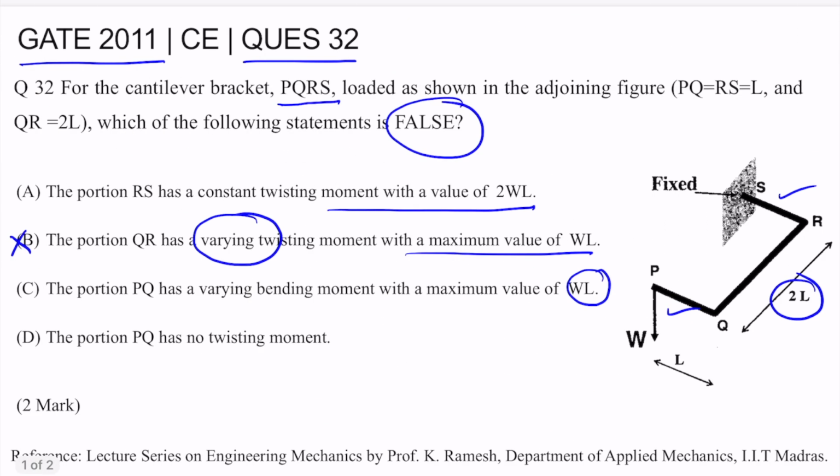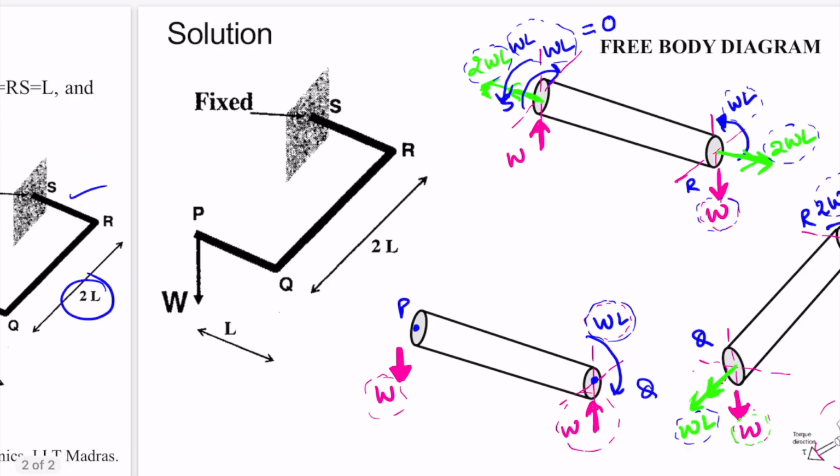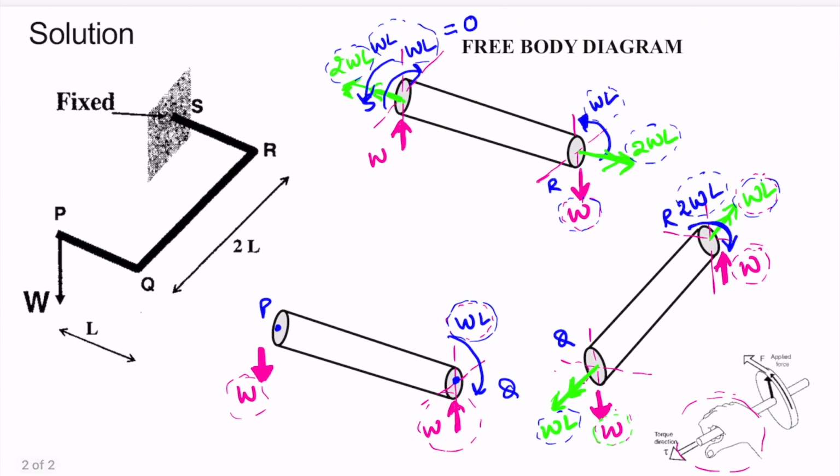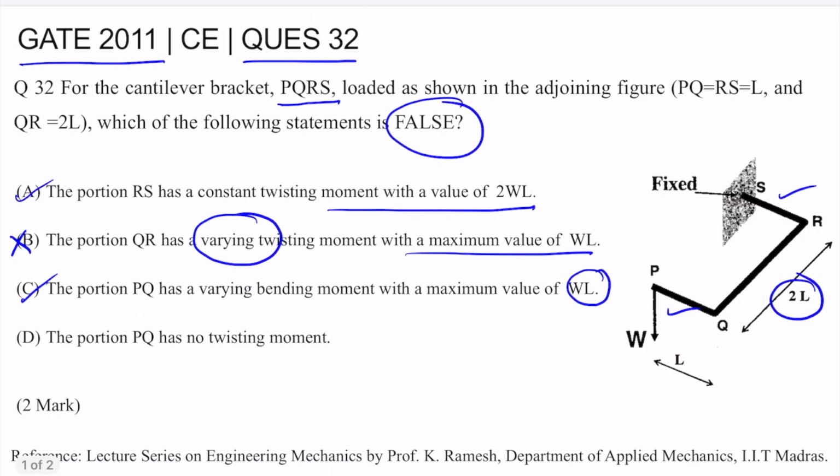So this option is also correct. Option D says the portion PQ has no twisting moment. In our free body diagram, we can see that the portion PQ does not have a twisting moment. So this option is also right. We were asked which of the following options is false. So our answer will be option number B, which is false in this case.